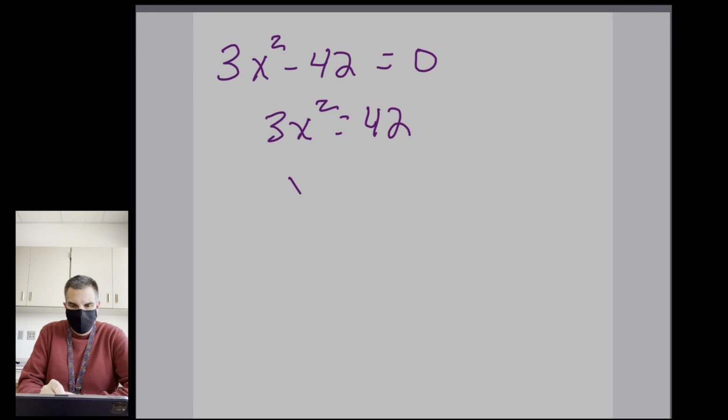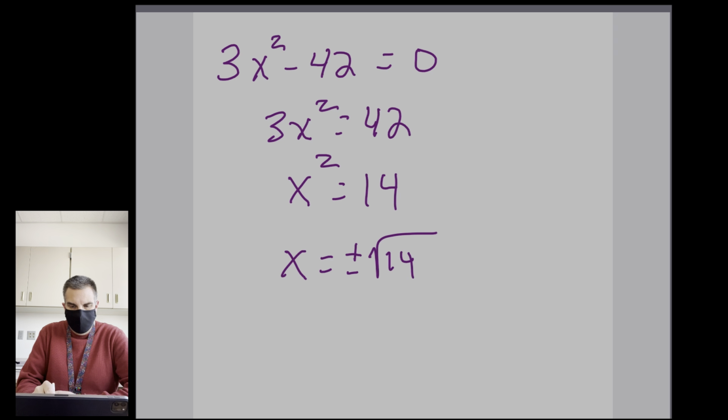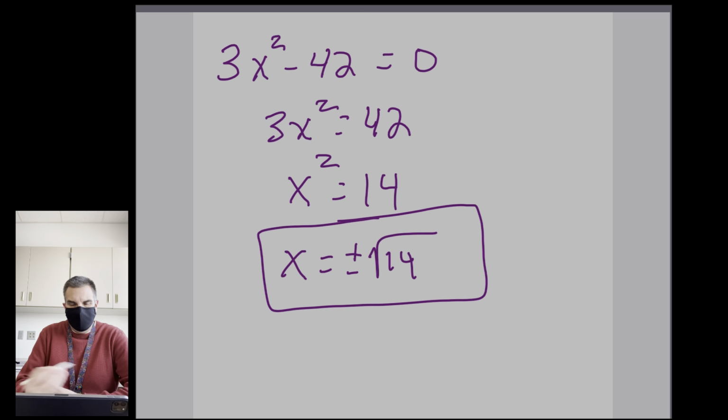Divide by 3. 42 divided by 3 is 14. Take the square root of both sides. Make sure you put plus or minus. We don't know the square root of 14. It can't be broken down. That's your solution, and you're done. So there's the second type of problem you're going to look at. You're going to be looking at isolating them.